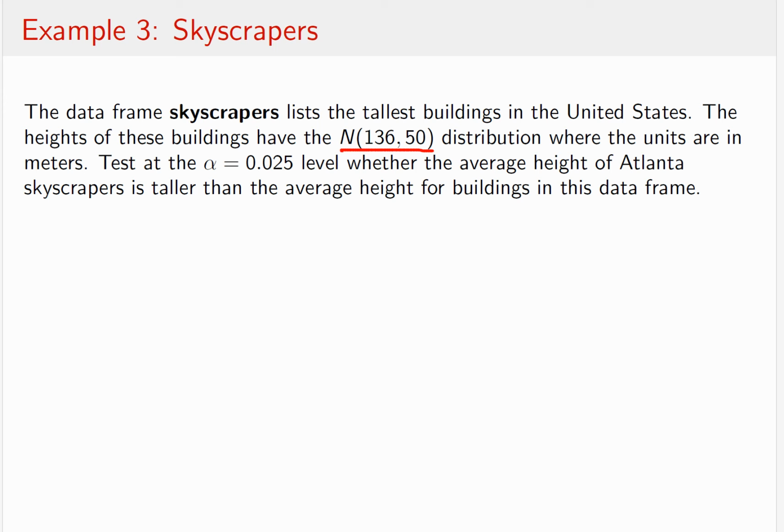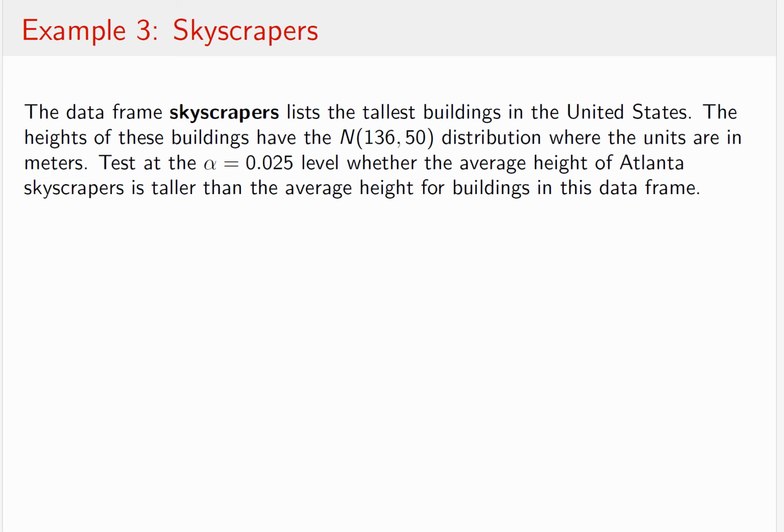So the units are in meters. And we're going to test. And now notice that we aren't using the standard alpha of 0.05. It says in this case to use an alpha of 0.025, a 2.5% alpha rather than a 5% alpha. Okay, we can do that.